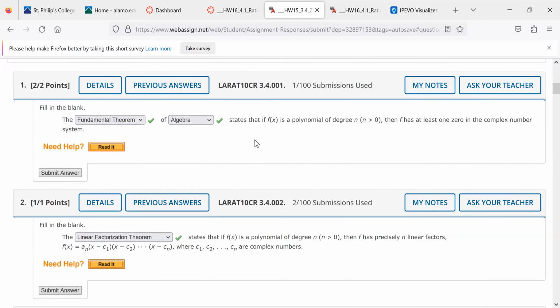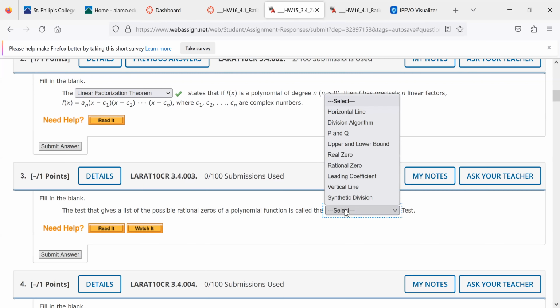So you have at least 1 zero for degree n. So our degree is 3. So we know for sure we have 1. And we'll have 3 factors. But remember, sometimes they can repeat. So we can't say that it'll be for sure 3 zeros. So we're going to need something else.